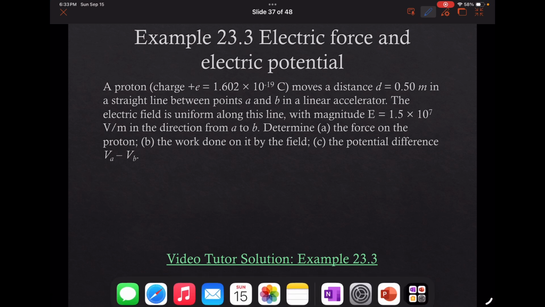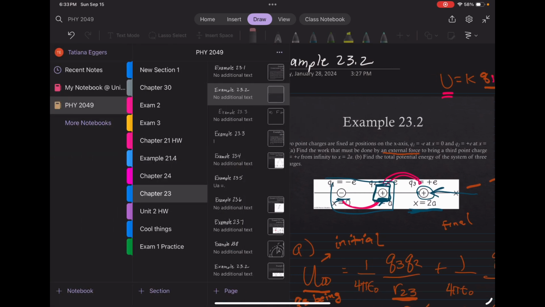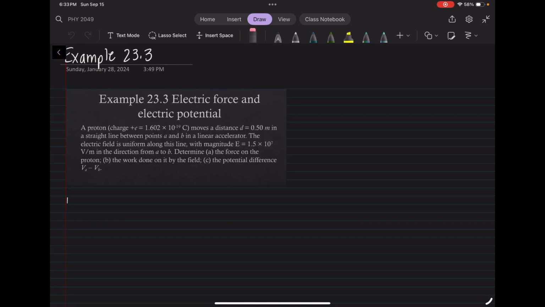So let's do that. I'm going to draw a sketch. It's always the first thing you should do. We have a point A and a point B. We know our electric field points along that direction, and the magnitude of that electric field is 1.5 times 10 to the 7 volts per meter.